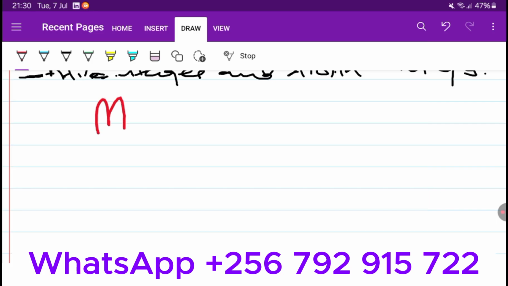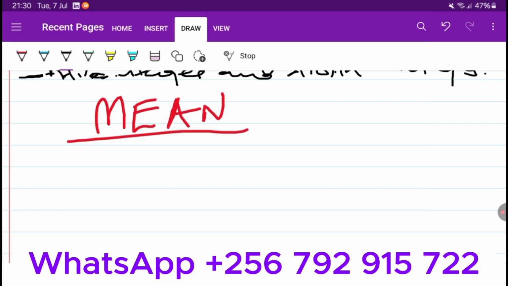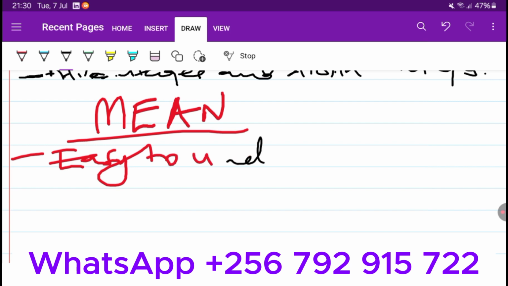Let's start with the mean. Of course, the advantages of the mean is that it is easy to understand. Mean is very easy to understand.